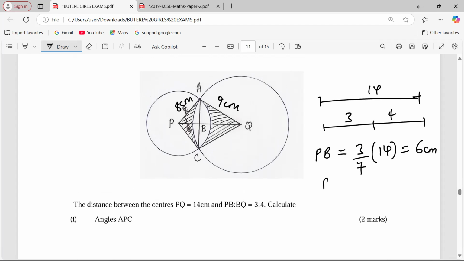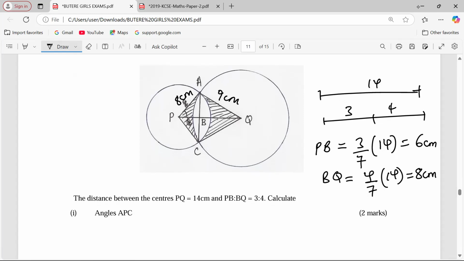Then from B to Q, the other end, we talk about 4 proportions over 7 multiplied by 14. This is going to give us 8 centimeters. So that is how the 14 centimeters has been split: 4 proportions and 3 proportions, giving us 8 centimeters and 6 centimeters respectively.